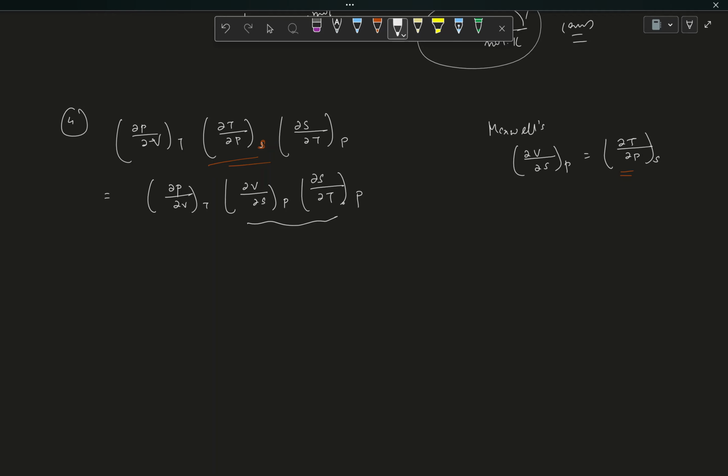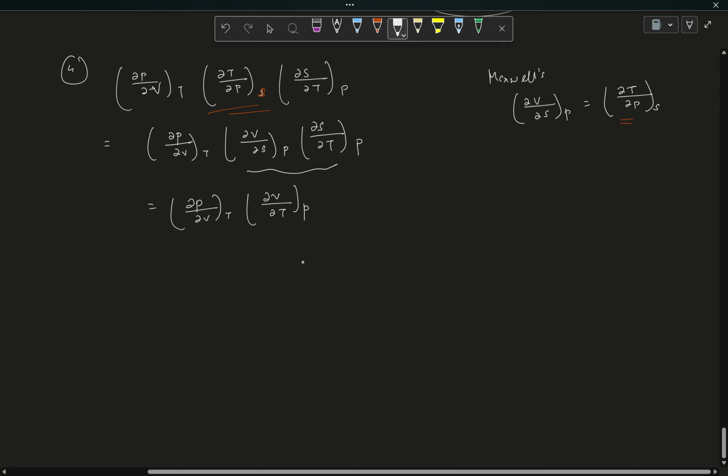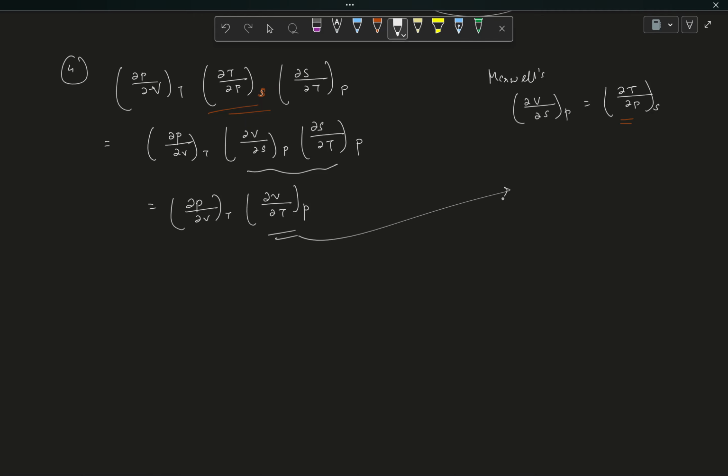Now these two terms both are at constant P, and these two partial derivatives will be recombining together to give you simply (∂V/∂T) at P constant, right? Now you can change this term again with the Maxwell's equation, so that you can finally get a simplified term.